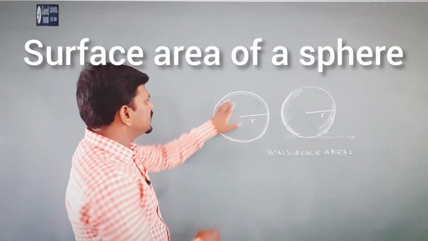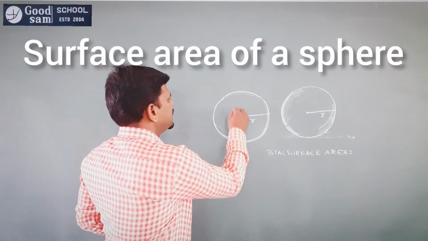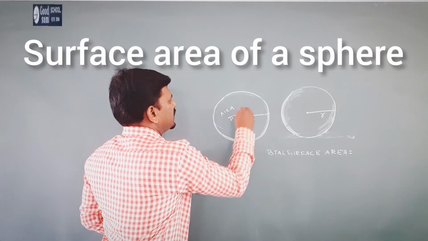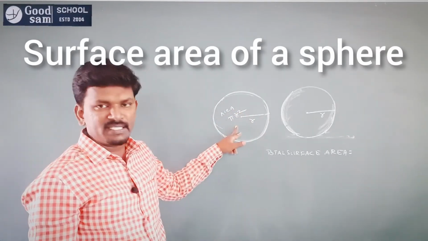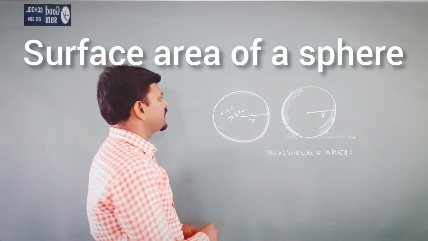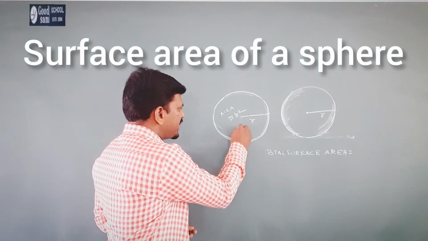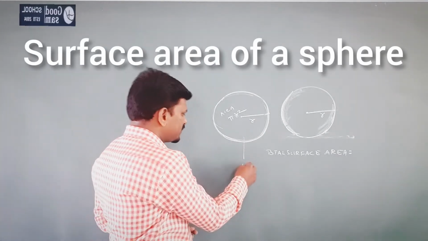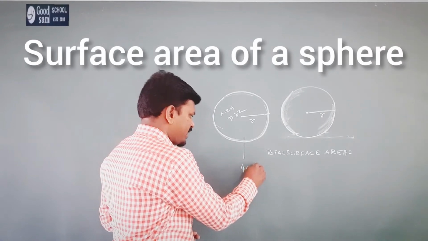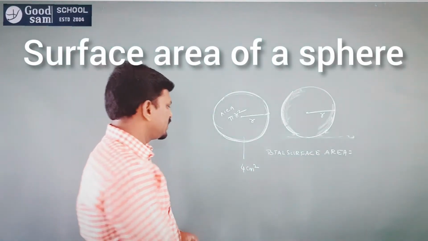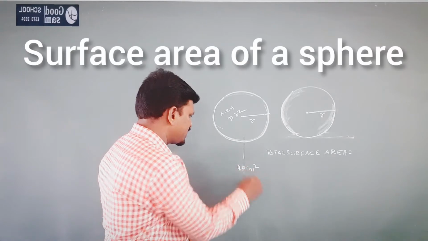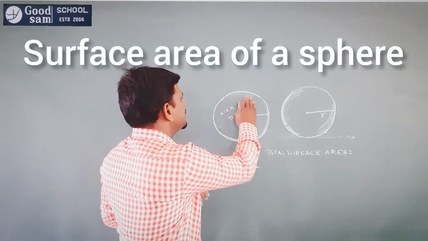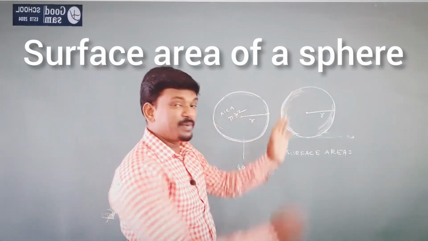The area of a circle is πr². If the area of this circle is, for example, 40 centimeter square, with the same radius as the sphere, this is the flat circle and this is a spherical ball.